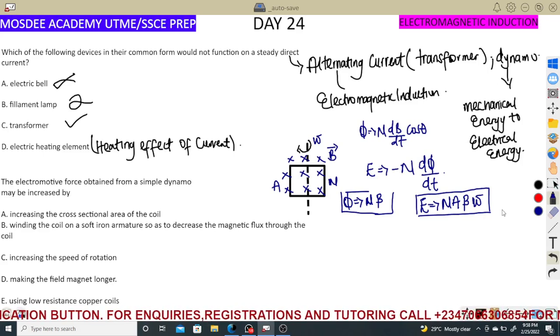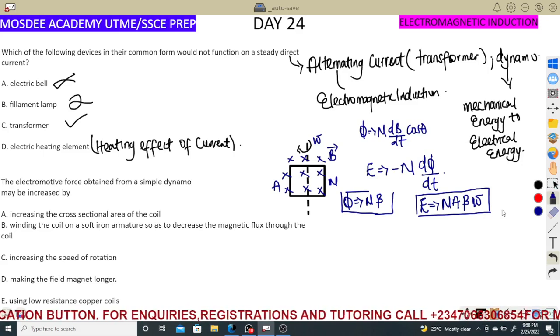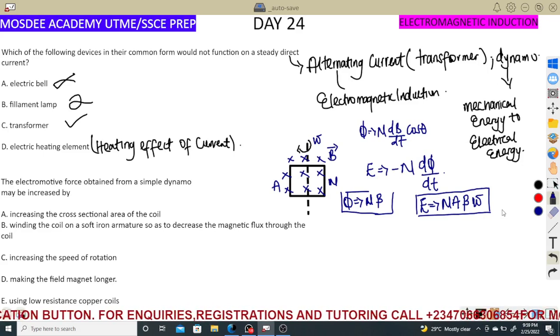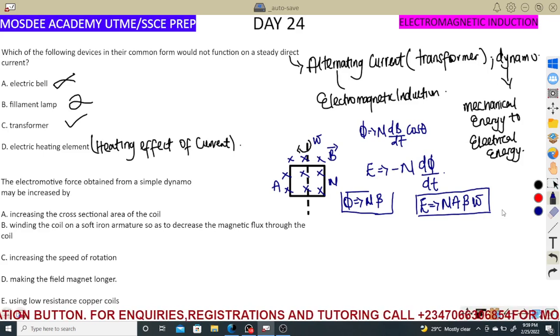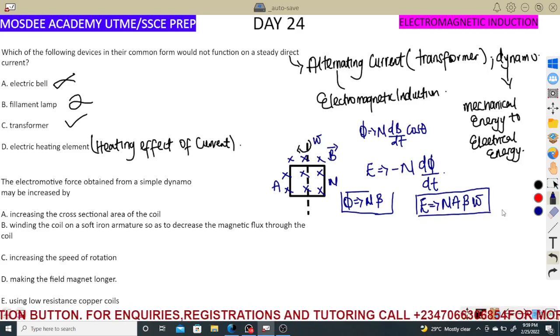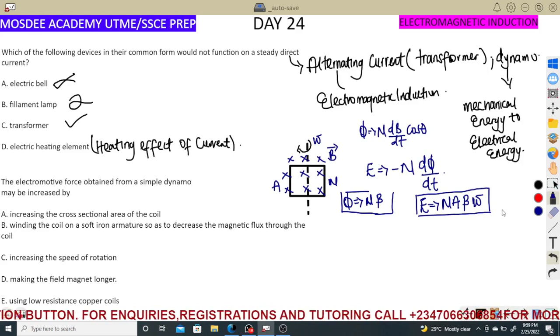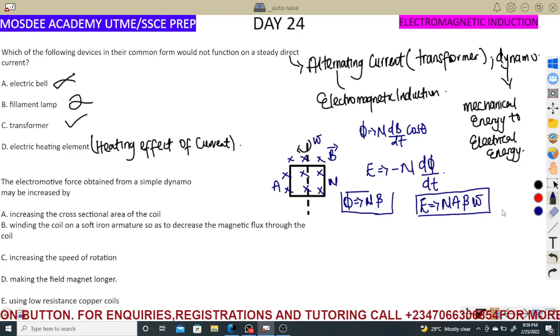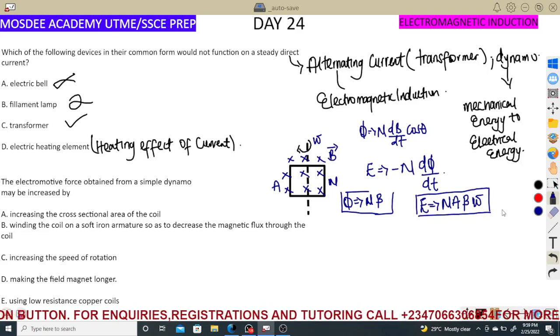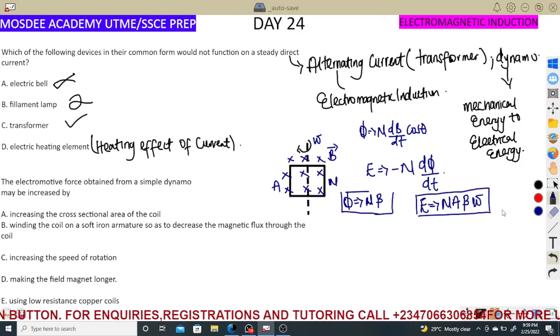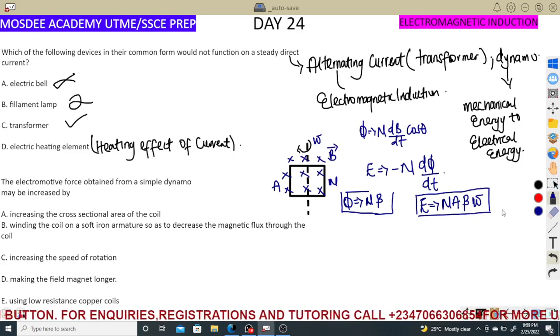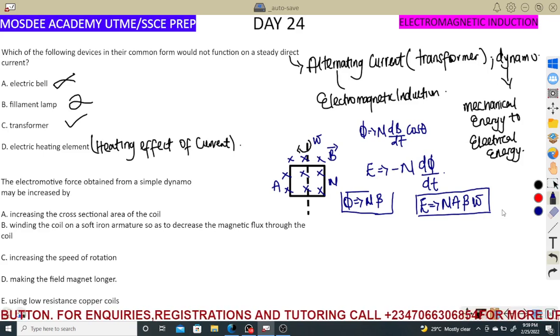But for now, you only need to keep it in mind that for a dynamo rotating at an angular velocity omega, the induced EMF generated is related to the number of turns, the area of the field, the magnetic field, and the angular velocity. So the EMF generated in the coil is proportional to this, and we've talked about that under the magnetic effect of current, the torque generated in a rotational rectangular coil.